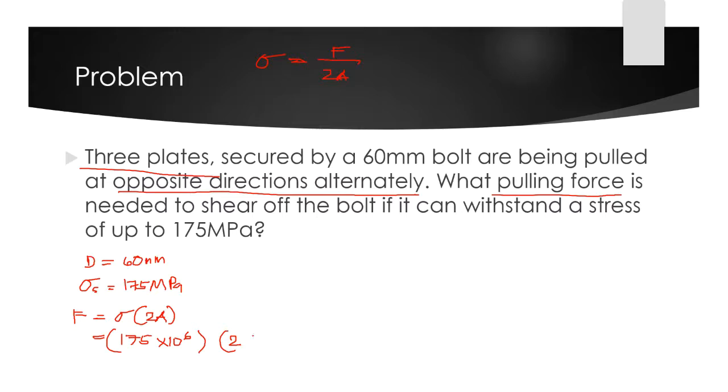We have 2 times our area, which is pi over 4 times 60 over 1,000 squared.